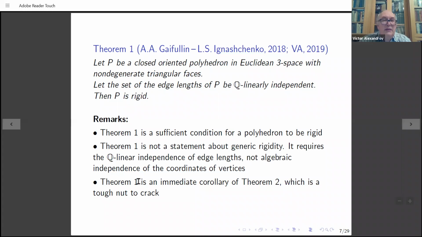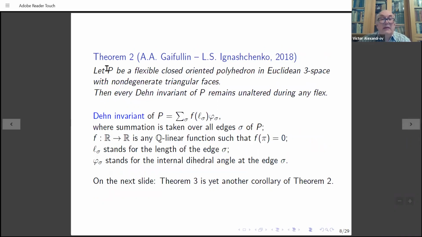And the third remark is that, in fact, Theorem I is an immediate corollary of Theorem II, which is a tough nut to crack. Here is Theorem II. It was proven by Gaifullin and Ignashchenko in the paper that was already mentioned in the previous slide.